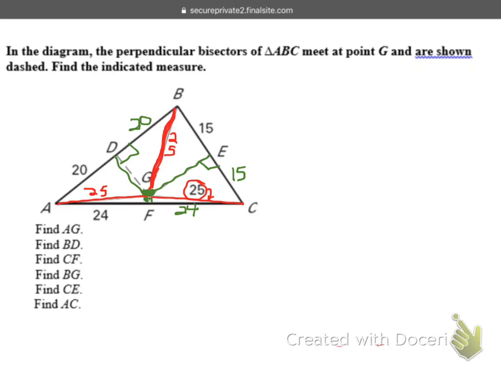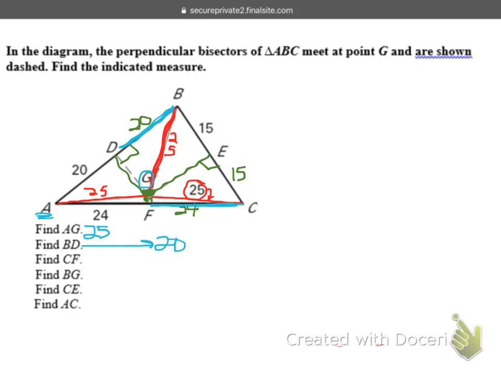Okay, AG connects the vertex A to the circumcenter G, and that length, it's a red line, that length is 25. Okay, then I have BD next. BD is right here, and BD's length is 20. CF is right down here.